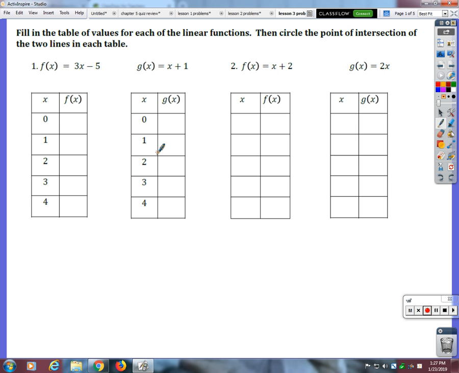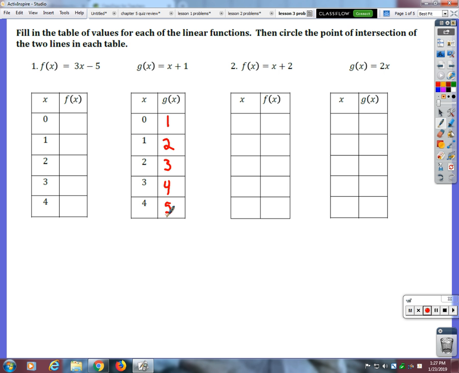So for this one, the way that I fill in this table is I just plug in these numbers for x. For g, I would do 0 plus 1 is 1, 1 plus 1 is 2, 2 plus 1 is 3, 3 plus 1 is 4, and then 5.